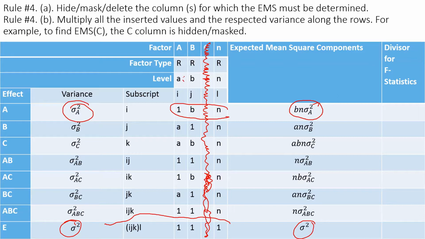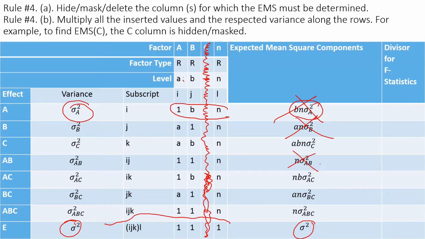Now, to find C, which is rule number 5, what you have to do is add all the variance components that contain C. For example, this one does not contain C, so that doesn't come in C variances. This one does not contain B, so it's not included.